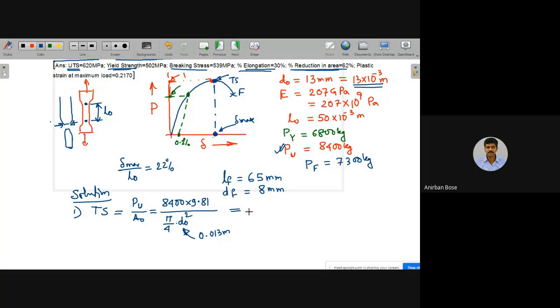So it is coming to 620.82 into 10 to the power 6, that is 620.82 megapascal.